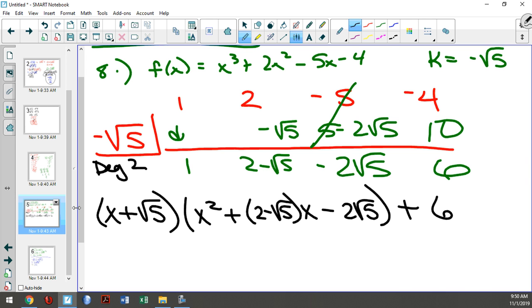Number 6. This was a big one, wasn't it? You should have had plus or minus 1, 3, 5, 9, 15, 45. Then 1/2, 3 over 2, 5 over 2, 9 over 2, 15 over 2, and 45 over 2.